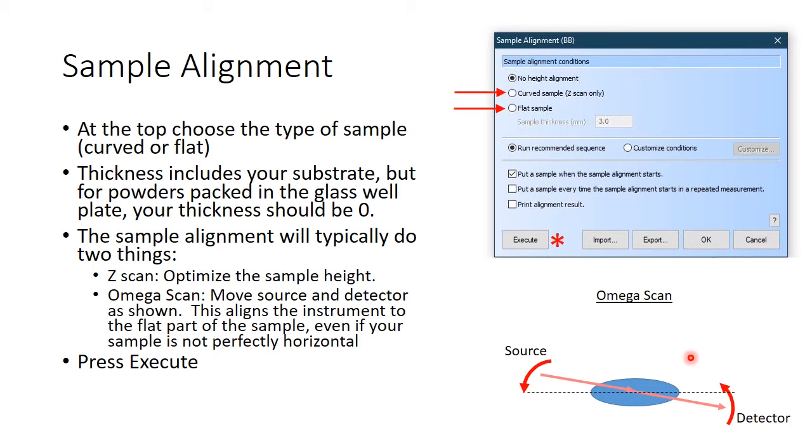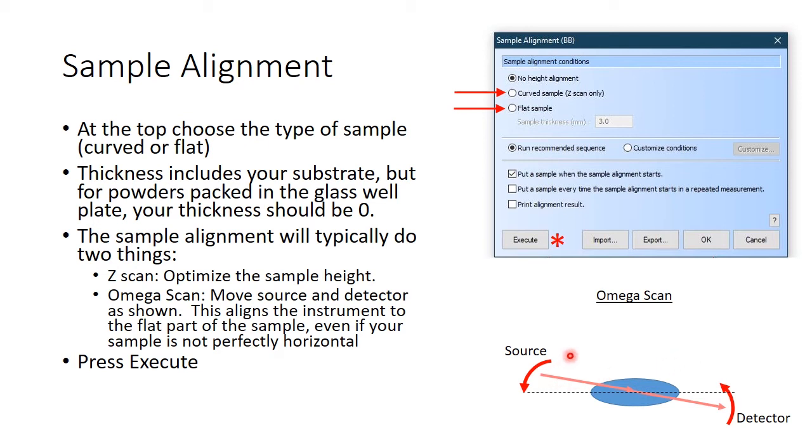The sample's still flat, but maybe it's tilted just a little bit. And so what we want to do with this alignment is essentially align the instrument 0 to the tilted sample so that the instrument is essentially aligned to the flatness of your sample.